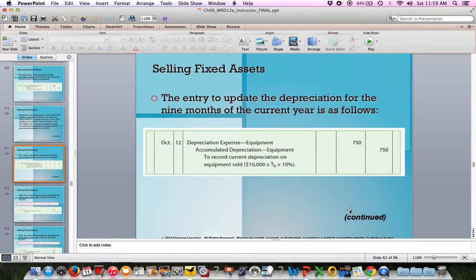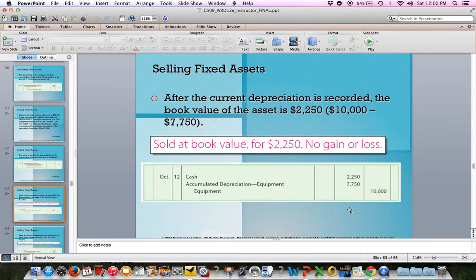The first thing that I'll do is say, okay, we've used this asset for 9 months. We were depreciating it, $10,000 original cost, times 9/12 of a year, times 10% for a full year. That gives me $750. So now depreciation's up to date. And then I go and sell it. What I have to do is compare the book value of what I'm selling to the cash that I'm receiving.